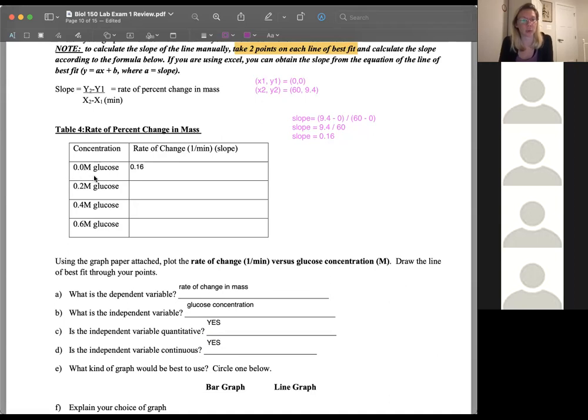We know that 0.1 molar glucose is between these two, but we could say 0.15 molar glucose is between these two, 0.152 molar glucose. You could keep finding an infinite number of smaller and smaller incremental changes of molarity between these 2 points. That's what makes it a continuous variable.